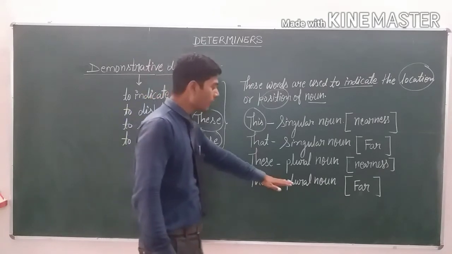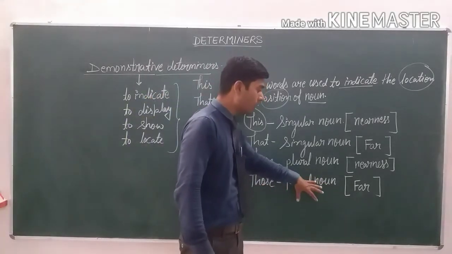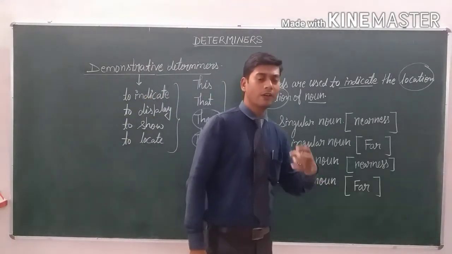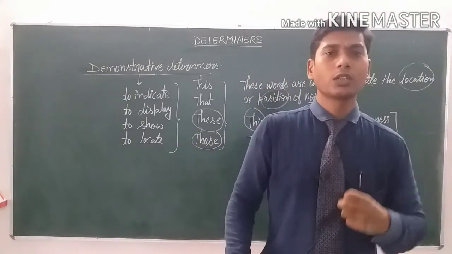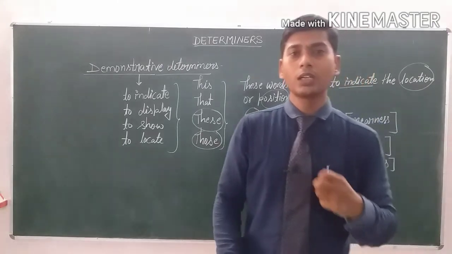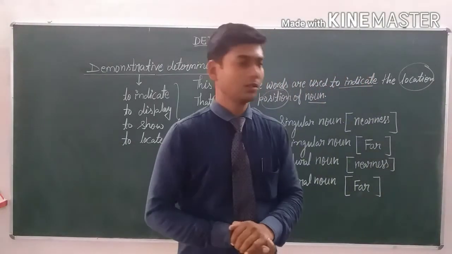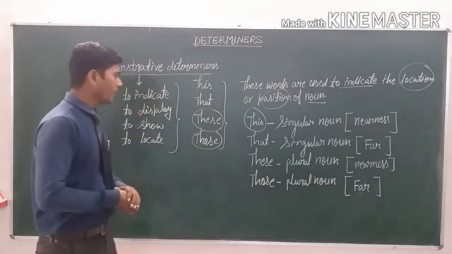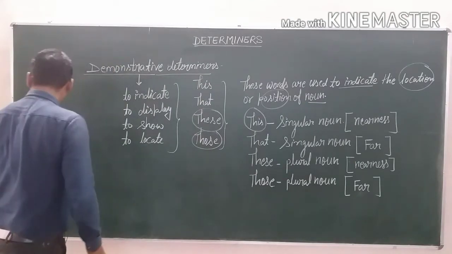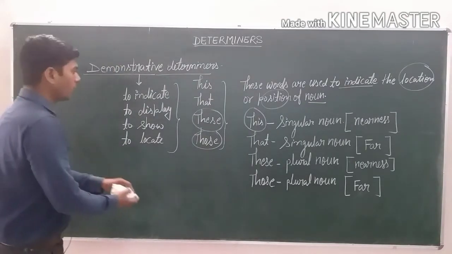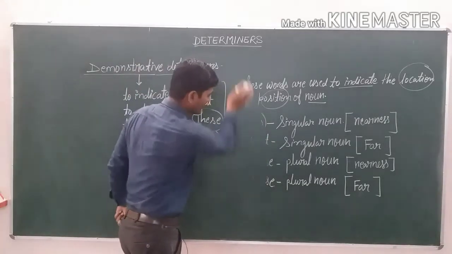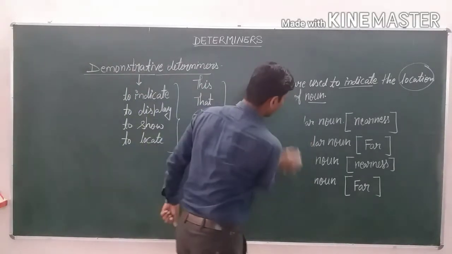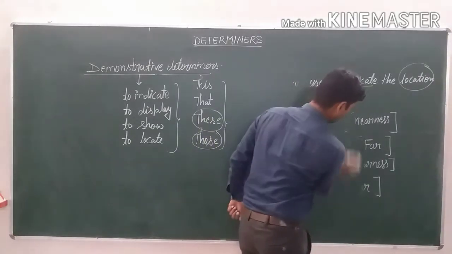It means it will be used before the noun in the sense of far away. The things will not be closer to the speaker or reader. Okay, I am going to erase it. I hope all of you have noted it in your copy, and we will clarify it more with statements.